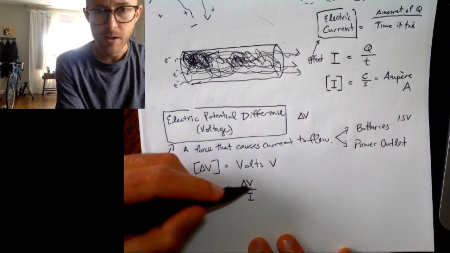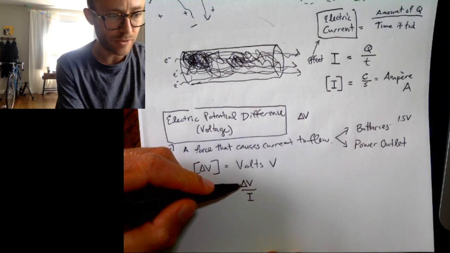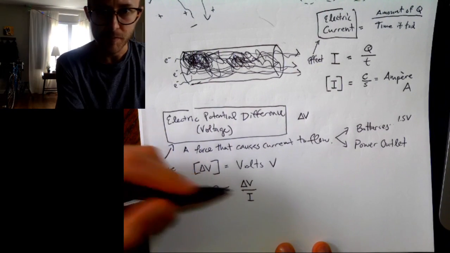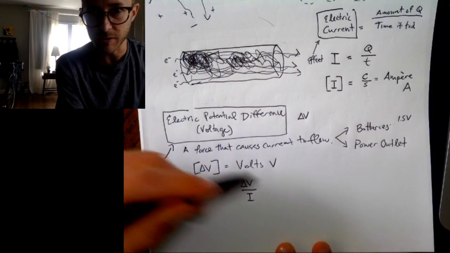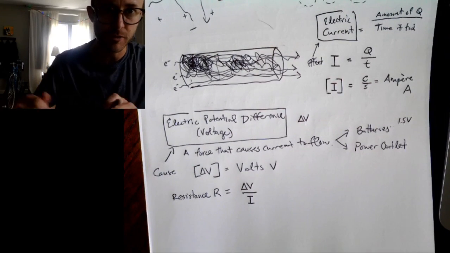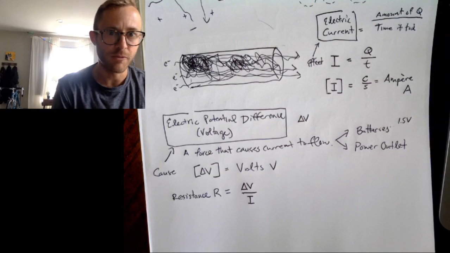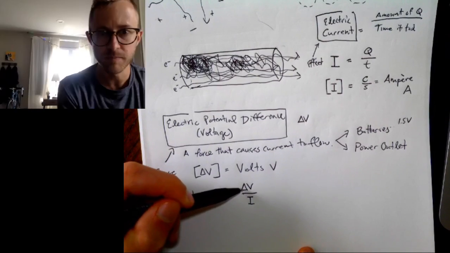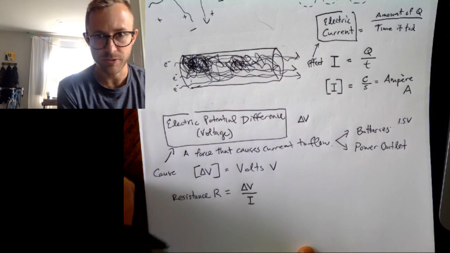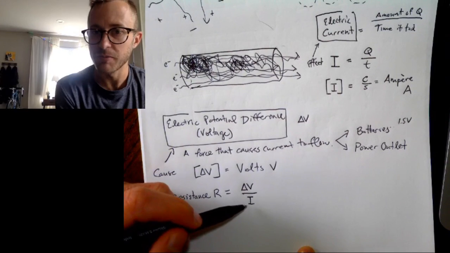Okay, so you can imagine, this makes a whole lot of sense. I'm going to explain why. What if you have a huge potential difference, but a very small current?